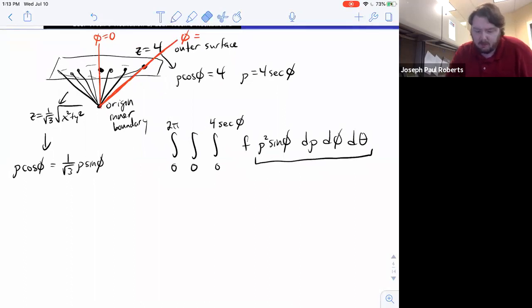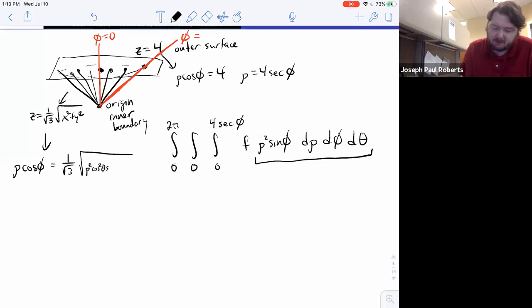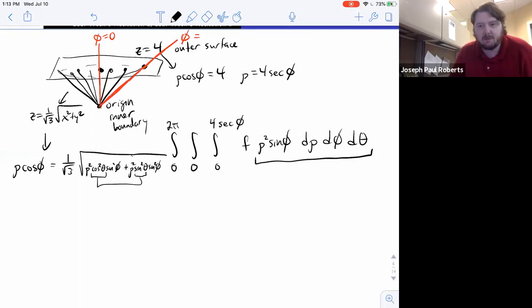I mean, you could always use the x and y ideas. You could say that x squared plus y squared is, of course, rho squared cosine squared theta sine squared phi plus rho squared sine squared theta sine squared phi. But then you could factor out a rho squared sine squared phi and apply the Pythagorean theorem for theta to get the square root of rho squared sine squared phi.